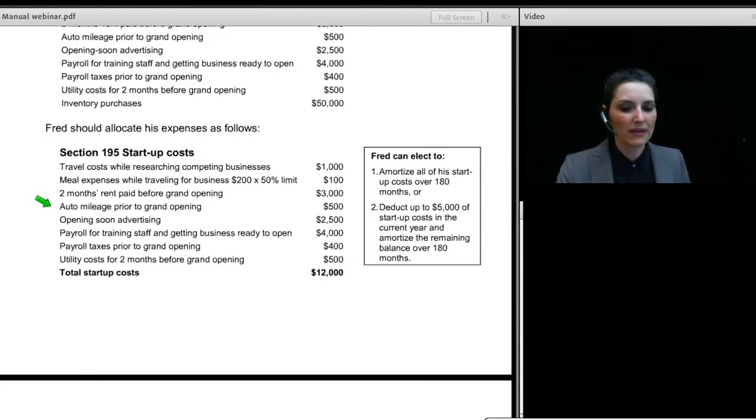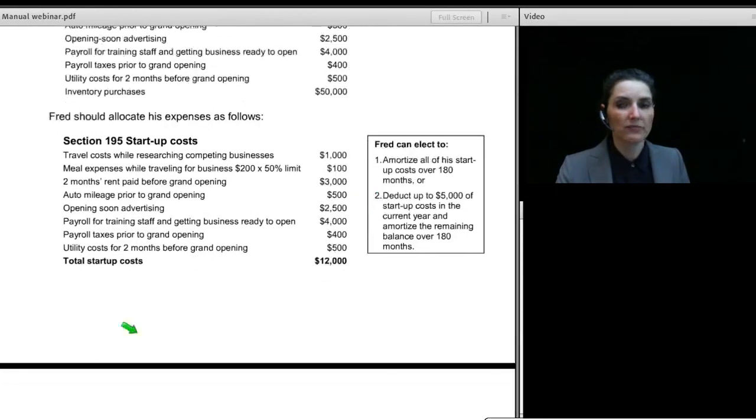And 2 months of rent paid before the grand opening, his auto mileage, his opening soon advertising, payroll for training staff, payroll taxes, and utility costs. All of those total $12,000. That's his startup amount. He can elect to deduct up to $5,000 of startup costs as a current year expense by entering it directly on his business return as an expense. And then he can amortize the remaining amount over 180 months. Or he can just amortize it all.